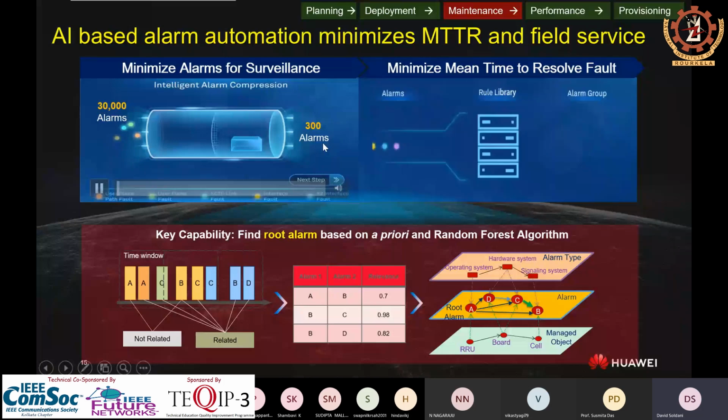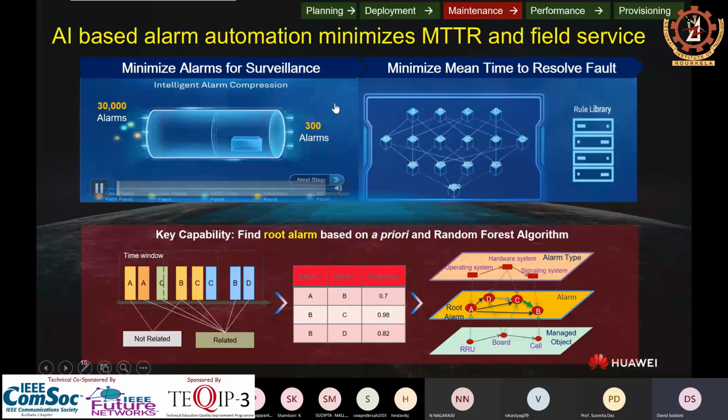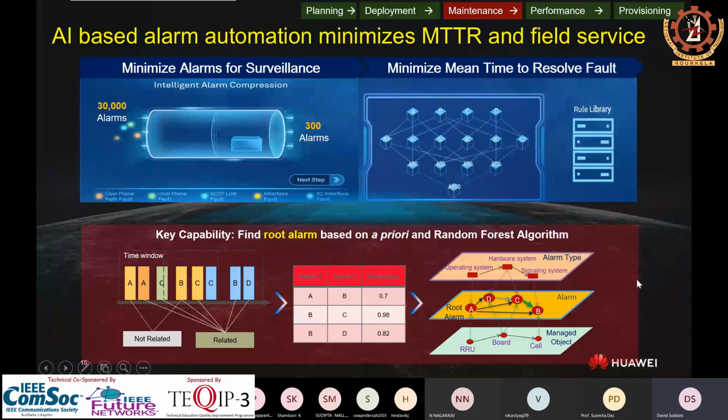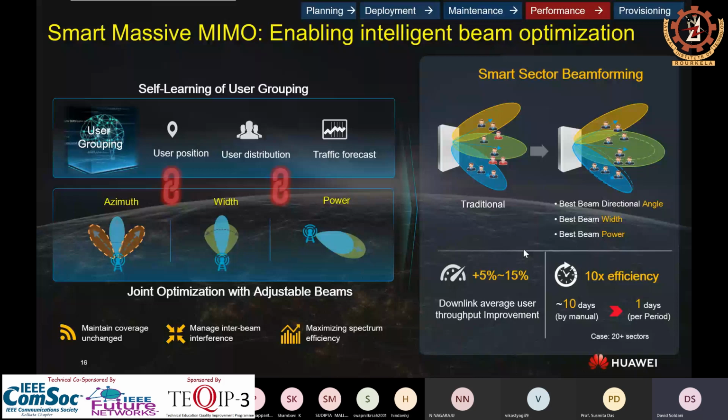But then the point is, if I have those alarms, I need to find the root alarm, so that by resolving that particular alarm, all the system will be fixed. Even in this case, we have developed the algorithm to minimize the time needed to resolve that particular fault considerably.